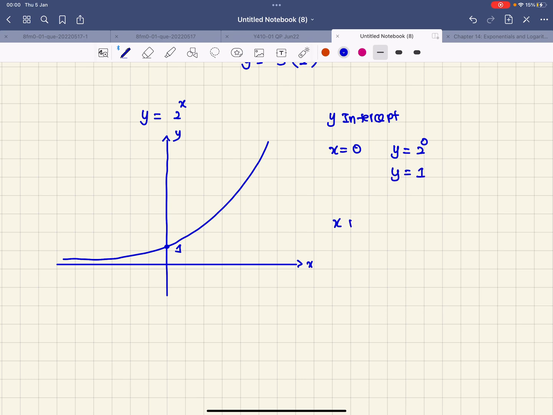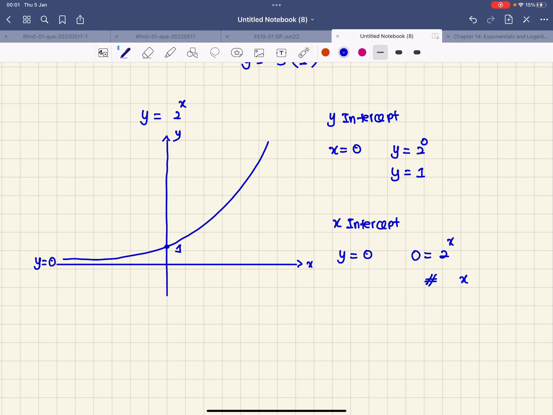And is there an x-intercept to this function? The x-intercept happens when y is equal to 0. Let's make y as 0: 2 to the power of what is 0? There is no such value for x that would satisfy the equation 2 to the power of x being 0. So x cannot be any value, and that's why it creates an asymptote at y is equal to 0.